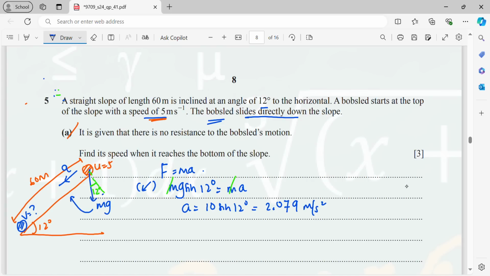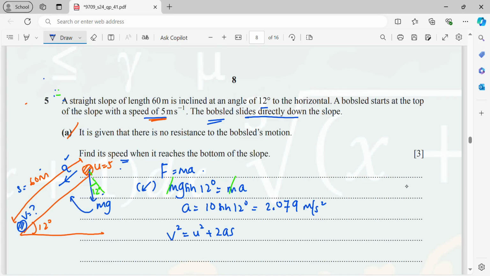Now I need to find out the speed. I have the a, I have u, and I have the s. This is the s. So I can just use the formula v squared equals u squared plus 2as.